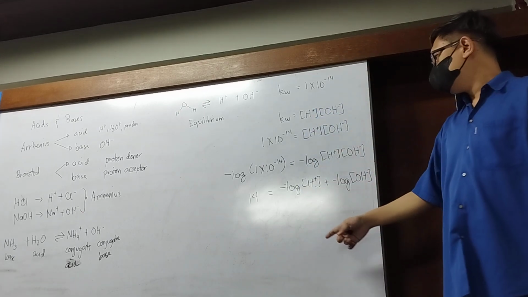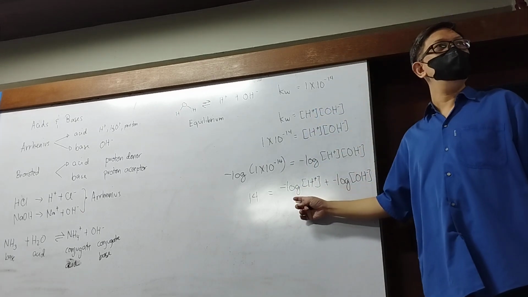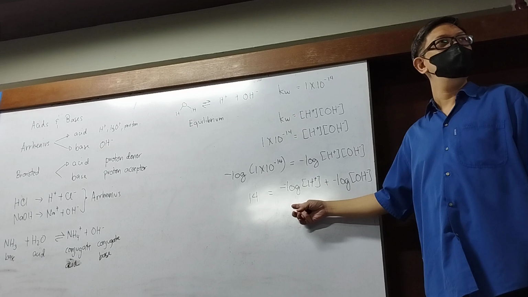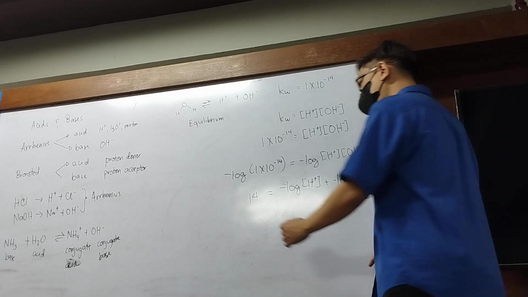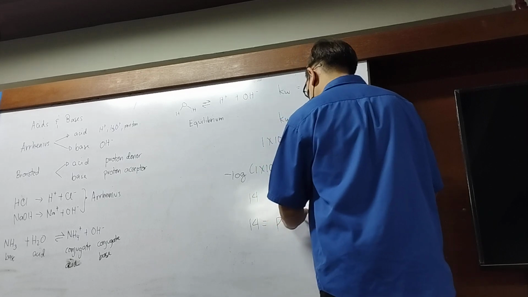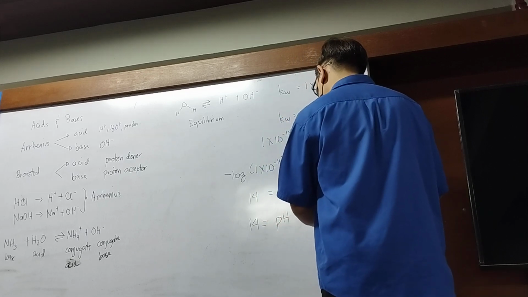Okay? So what is this? Who remembers what this is? Negative log H plus is what? pH. Okay? So this is where your pH plus pOH comes from.